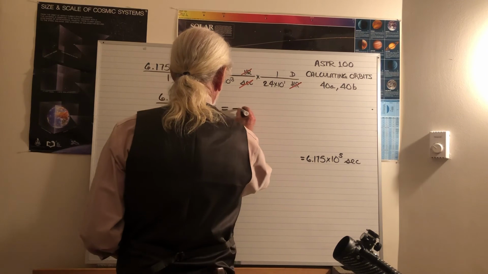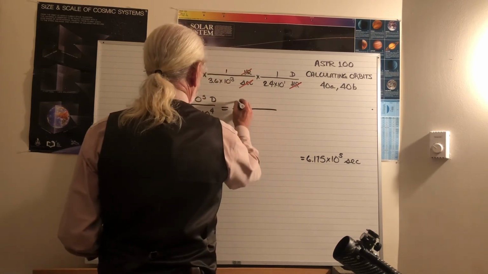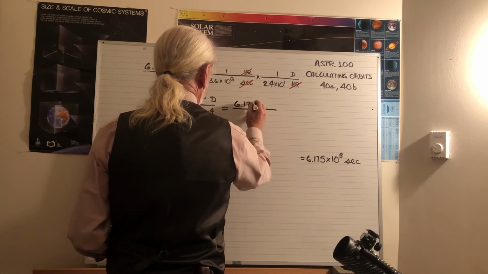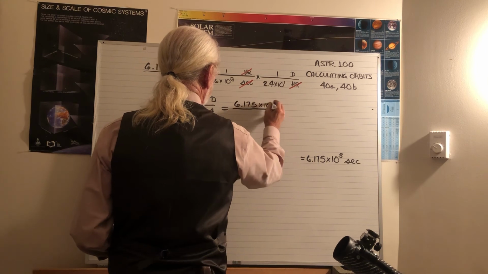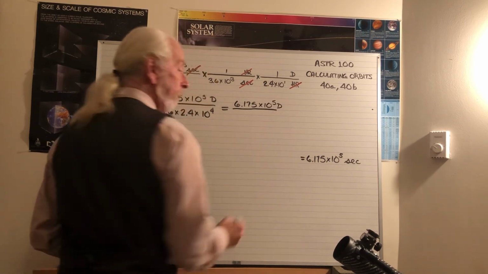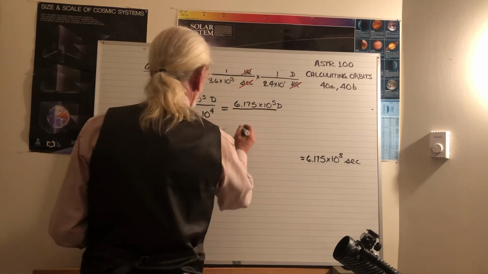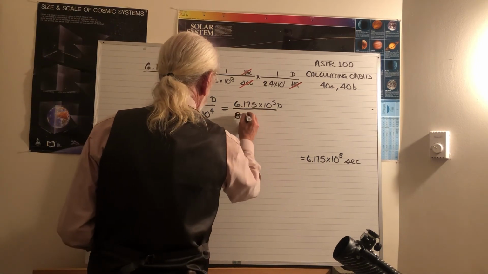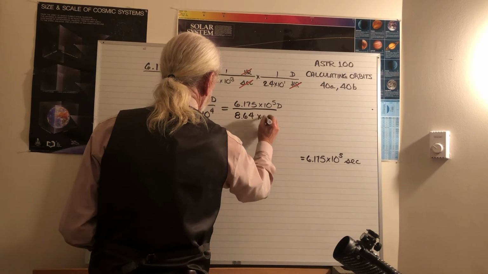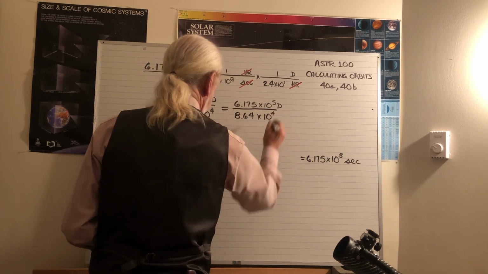So now I have 6.175 times 10 to the 5th days over 8.64 times 10 to the 4th.